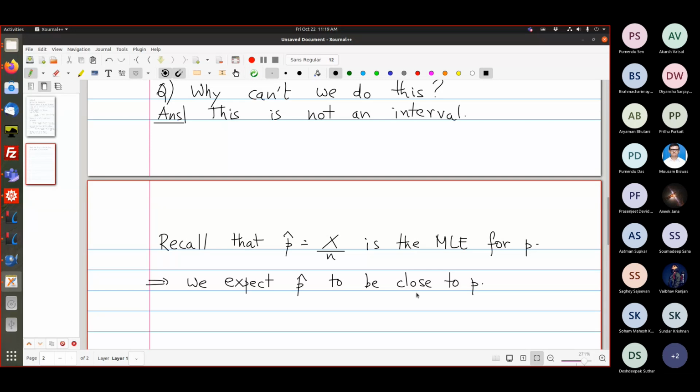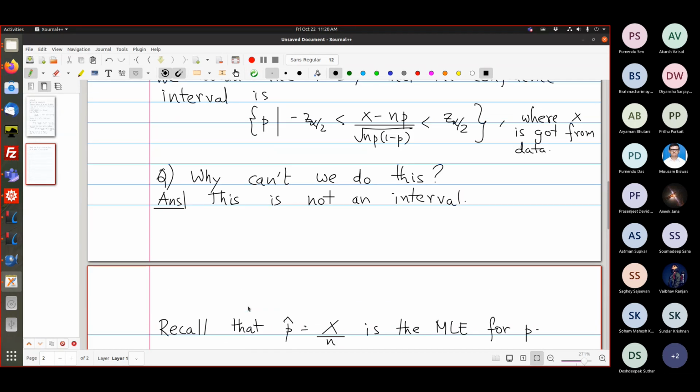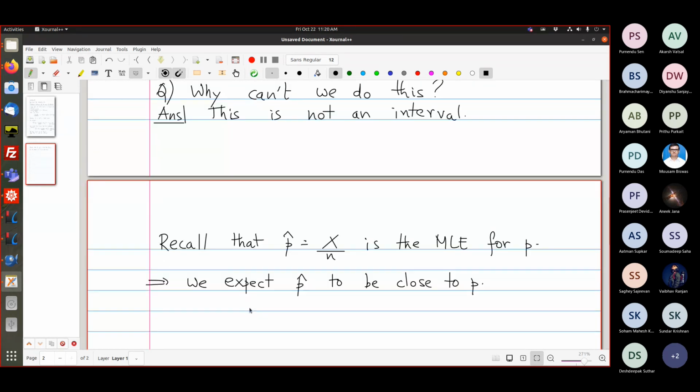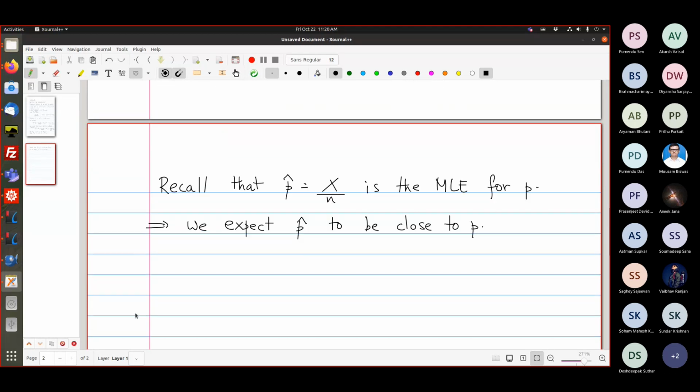We are designing a confidence interval, so one has to make do with what one has. This is always the problem in statistics. We do not live in an ideal world, so we have to adjust our expectations accordingly.